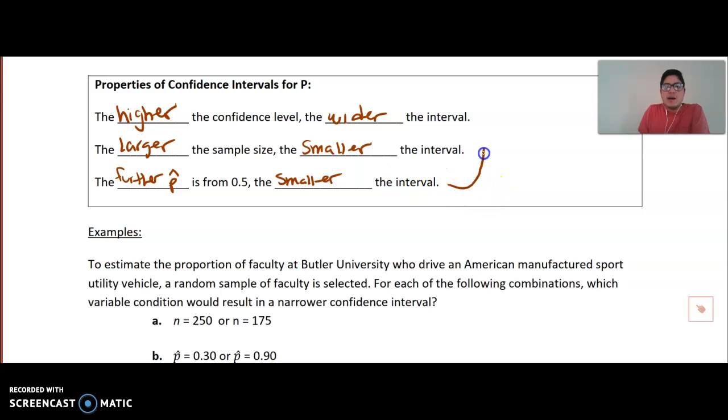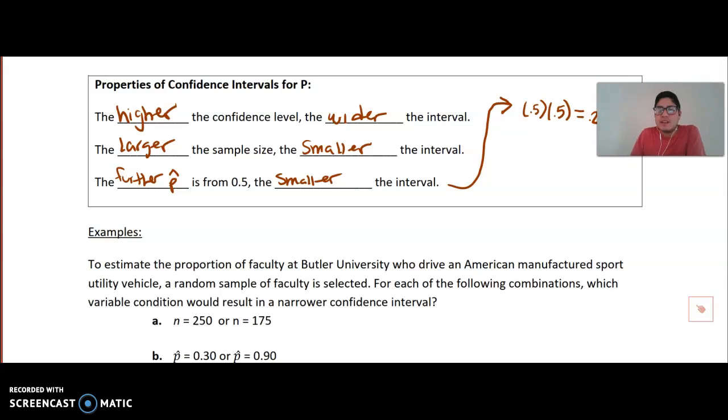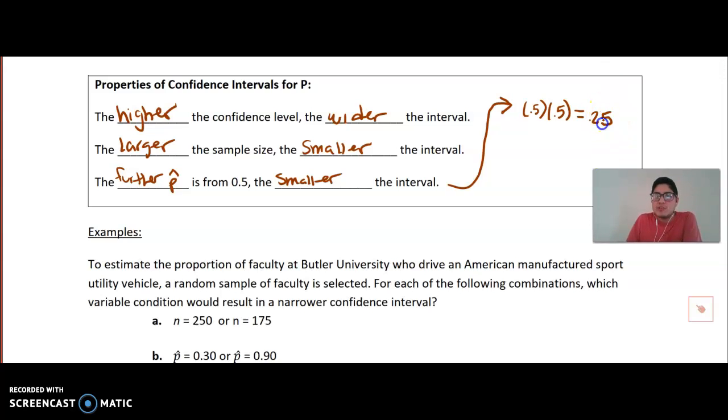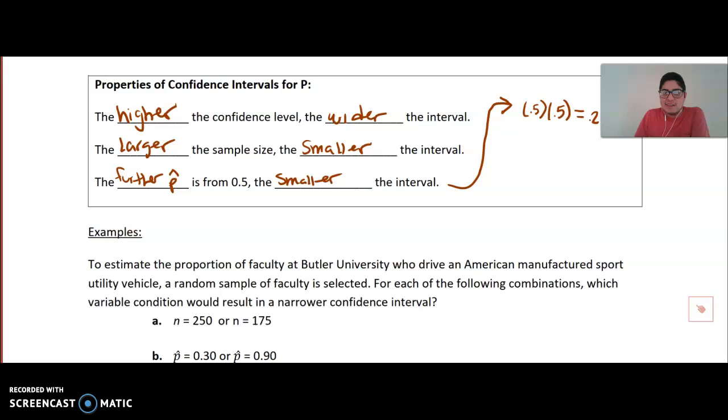And for this one, for calculus people, you know that if we take the derivative, we would figure out that the maximum value would be at 1/2, but even with some algebra skills here, we can maximize this. The reason 0.5 is the magic number is because if I take 0.5 times 0.5, I get 0.25. But if I do 0.4 and 0.6 in either order, that's going to put me at 0.24.